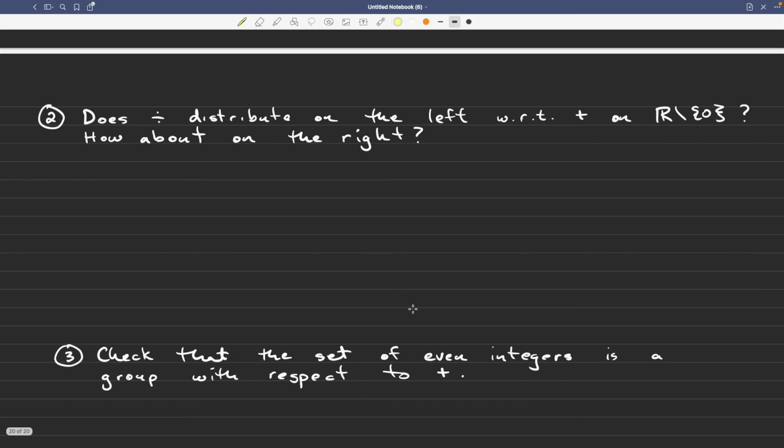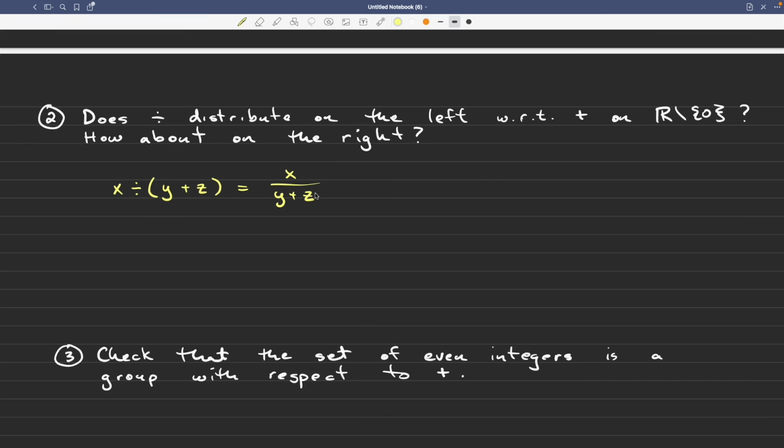Okay, does division distribute on the left with respect to addition? I don't know. I have to think about that. I don't really know off the top of my head what the answer is, but let me put some things down. If I have x divided by y plus z, that's x over y plus z, assuming that y plus z is not 0.